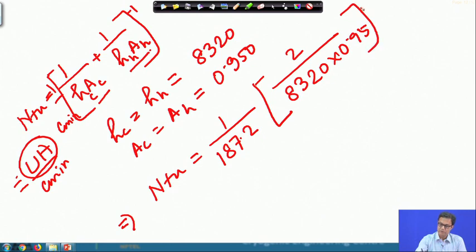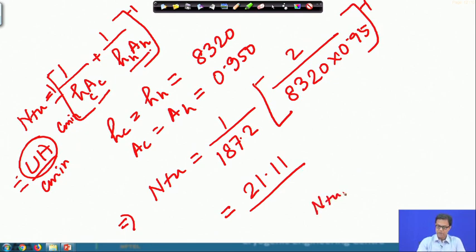So, this whole to the power minus 1 will give you the value of NTU equals to 21.11. So, once we know the NTU value, we would be able to calculate the NTU effective value, and that NTU effective value will become, will use that expression that we have already talked about. So, the NTU effective value comes out to be 20.